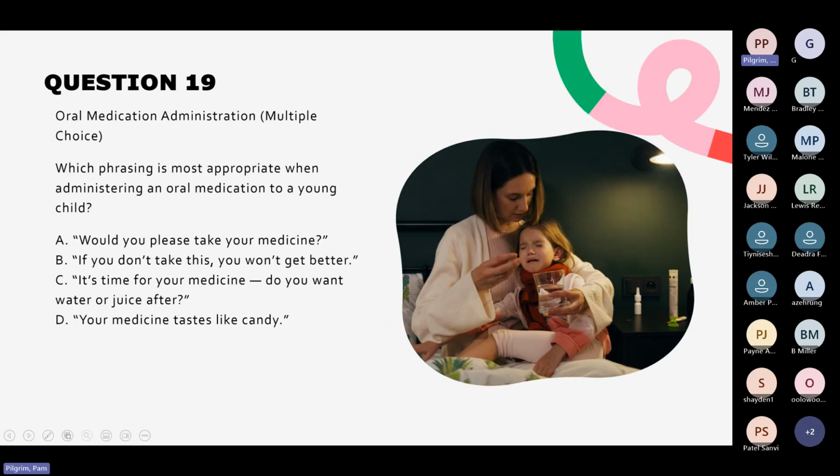All right. Question 19, oral medication administration. This is multiple choice. Which phrasing is the most appropriate when administering an oral medication to a young child? What is the best way to approach it?